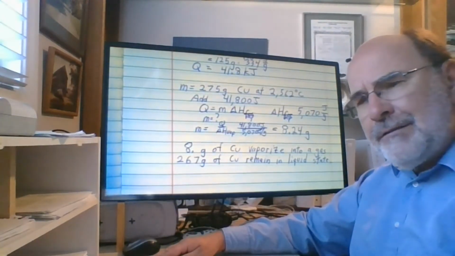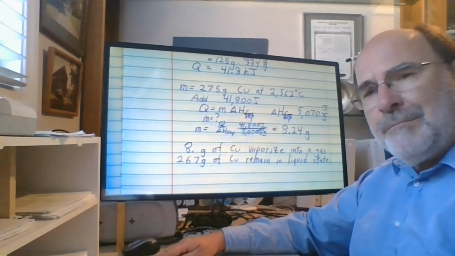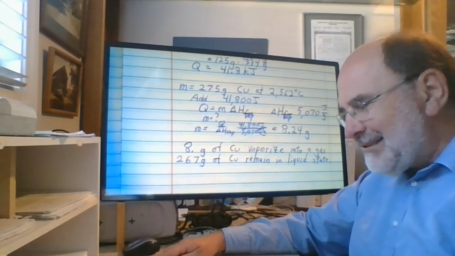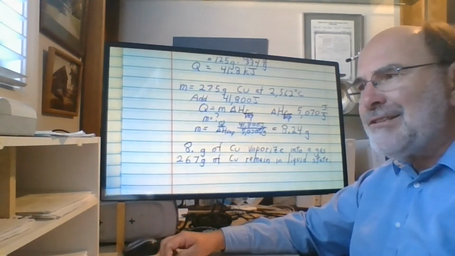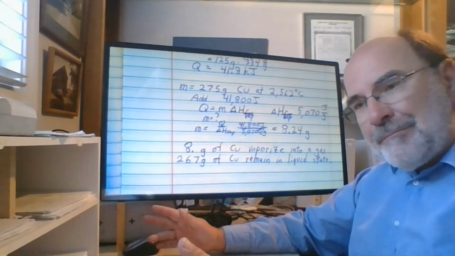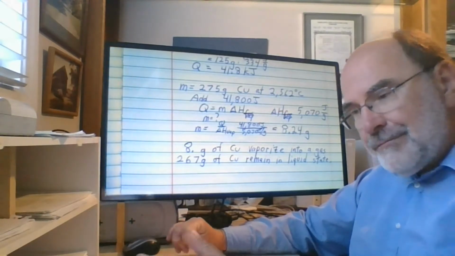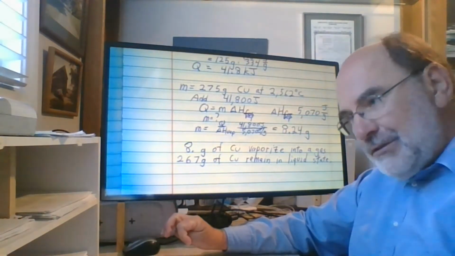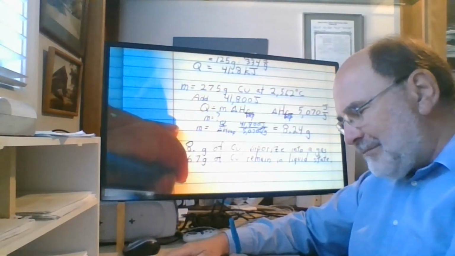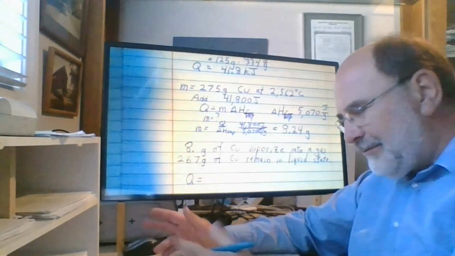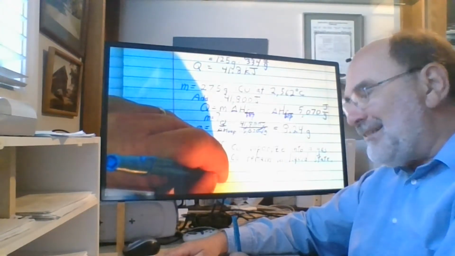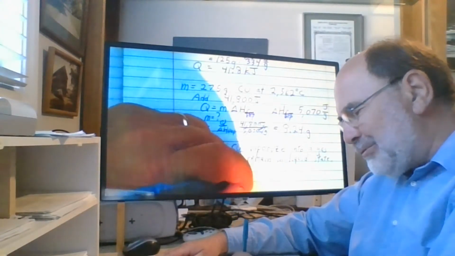Let's make up another example. I have mystery substance X once again. And this time for substance X at its freezing point, which is the same as its melting point, I measure that I expend an energy of 5,280 joules.